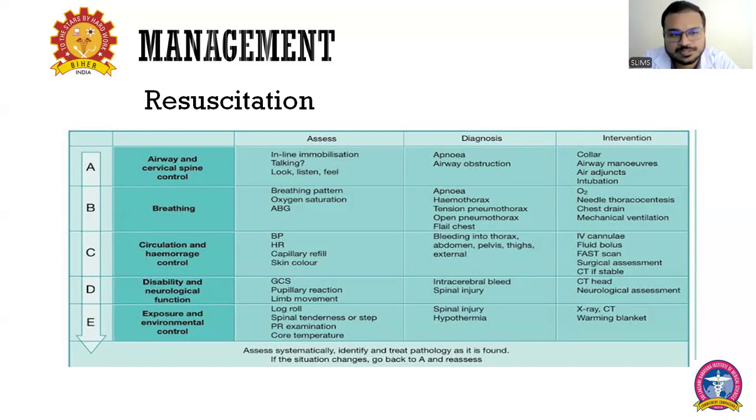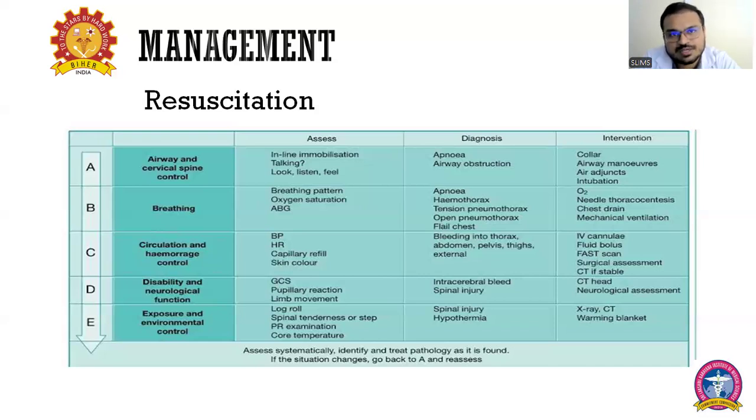In airway, always and always we should assess whether there is inline immobilization, and we should ask the patient about their demographic details, to look, listen and feel for what injury the patient has.